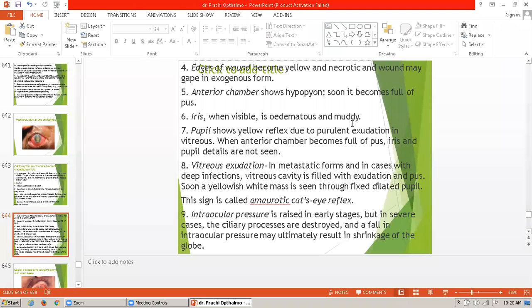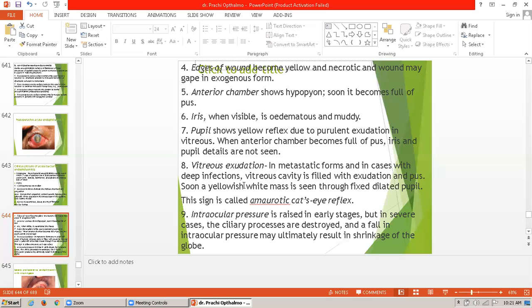The pupil shows a yellow reflex due to the purulent exudation in the vitreous, and when the anterior chamber becomes full of pus, iris and pupil details are not seen, as we see in this fifth picture.